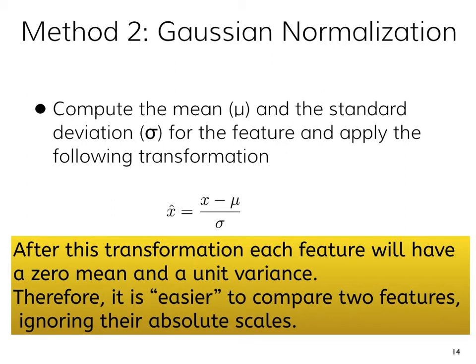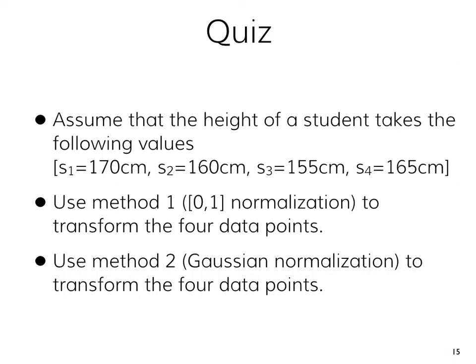You are trying to fit a normal distribution and standardize your data. To do that, you compute the mean and the standard deviation, and then you have this formula: x minus mu divided by the standard deviation. So here is a quiz for you to try out the two data normalization methods.